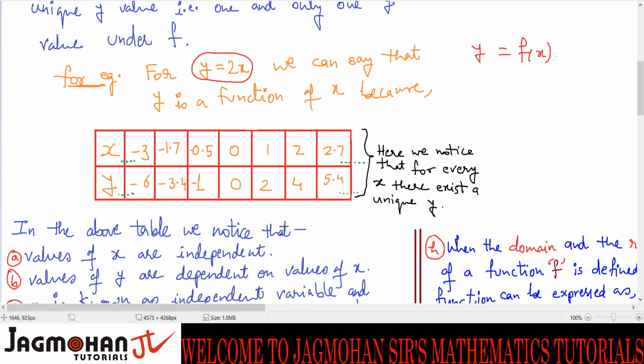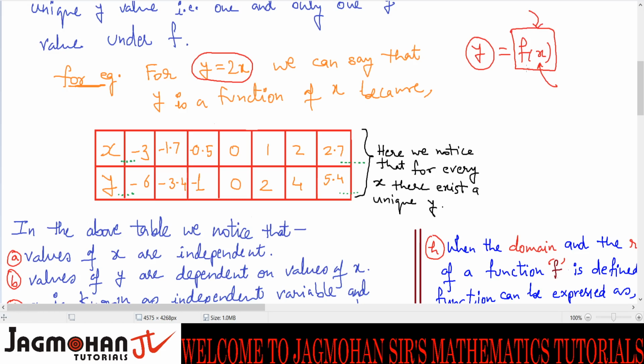So what did I say? I say that x is an independent variable because the value of x is decided by us. So we decide the x value, and for those x values we get the y value when we substitute the x value in this expression of x.